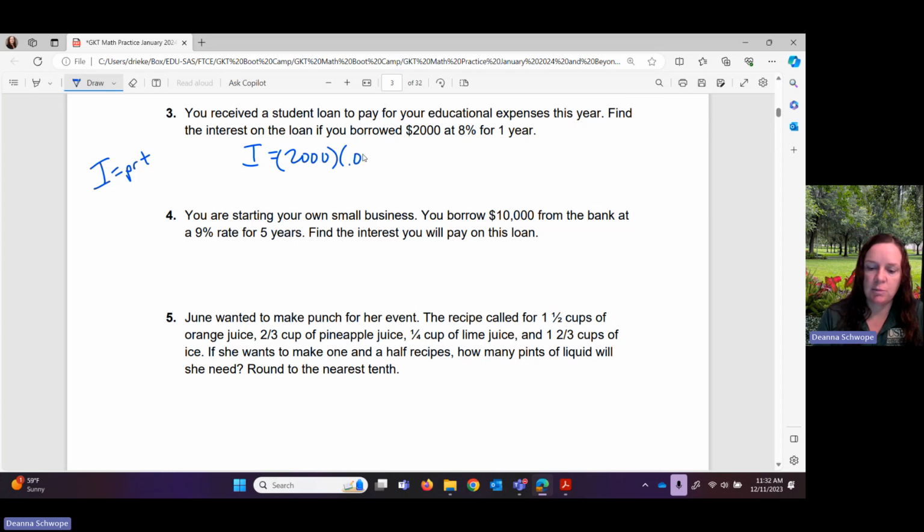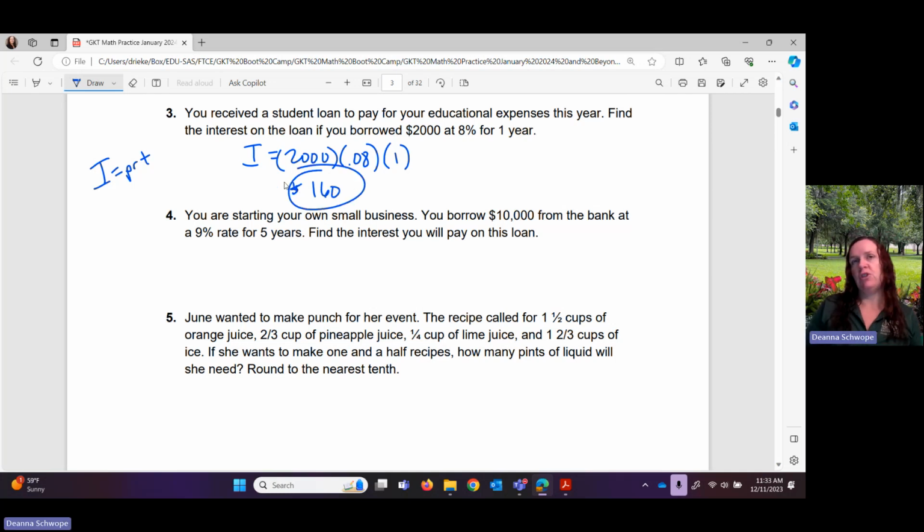So it's 8%, so it becomes 0.08, and it's 1 year. So I could put the 1 or leave the 1, but I'm going to put the 1 just so we can stay consistent with the formula. So it's $2,000 times 8% for 1 year. So the interest that is paid on that 1 year of that loan is $160.